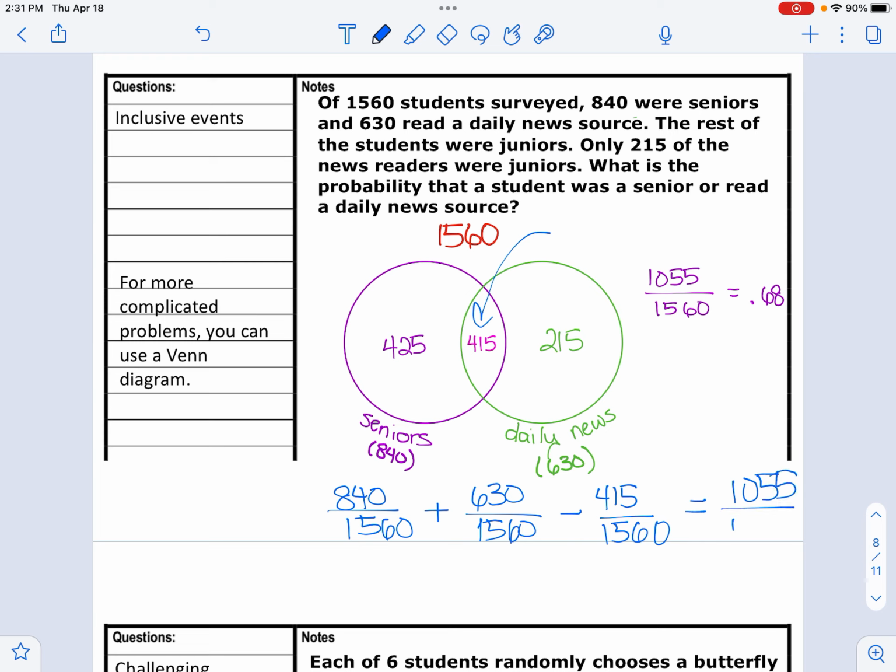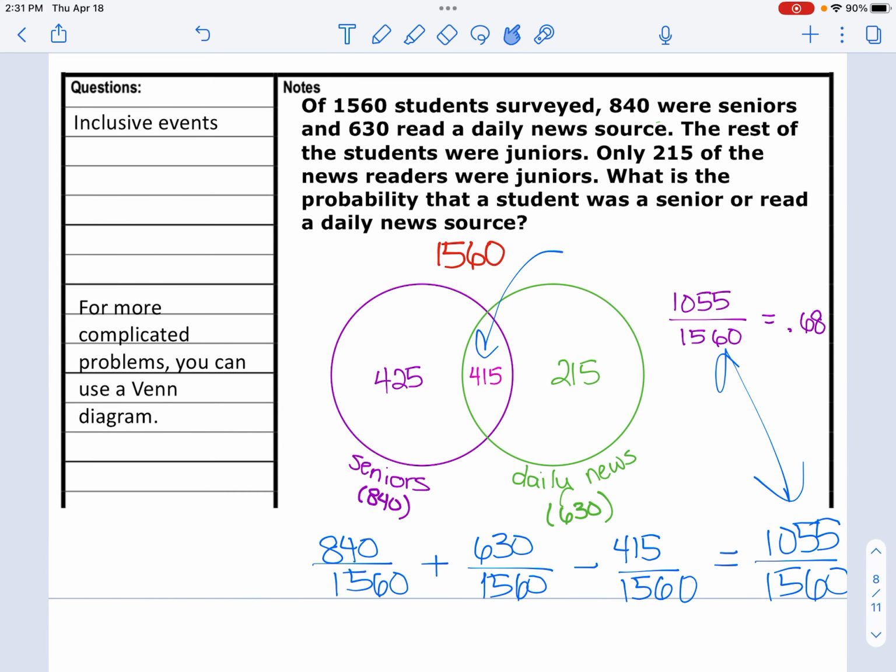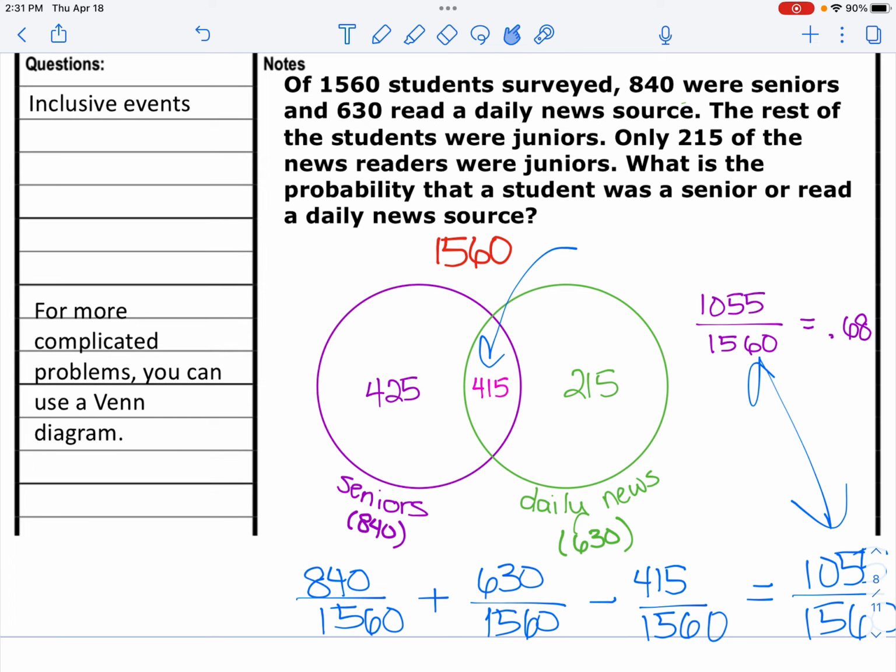And then on the bottom, I'd still have 1,560. Notice we still get the same answer. So either way you go is fine. You use whichever one makes the most sense. But sometimes with these more complicated problems, it's a little better to organize your data in a Venn diagram. Okay.